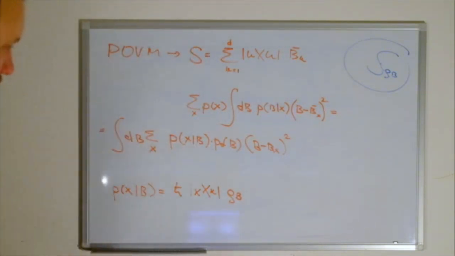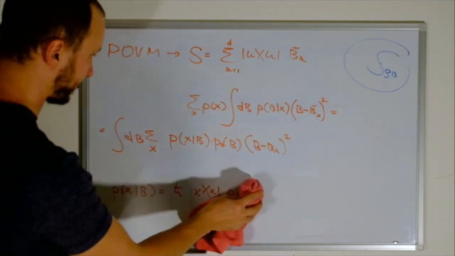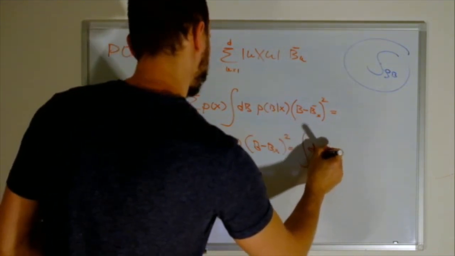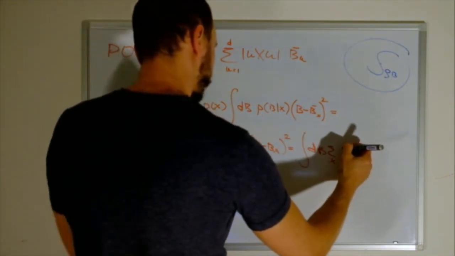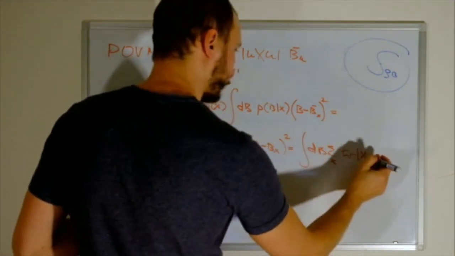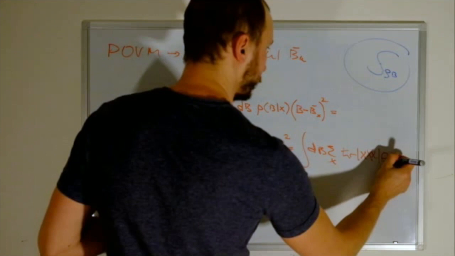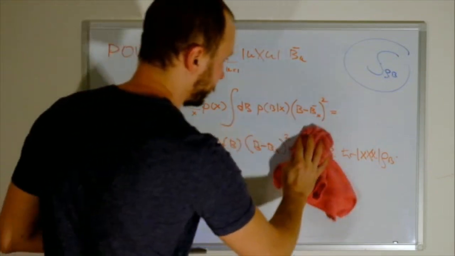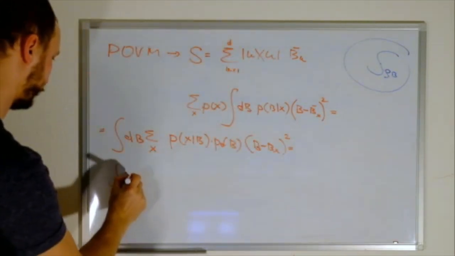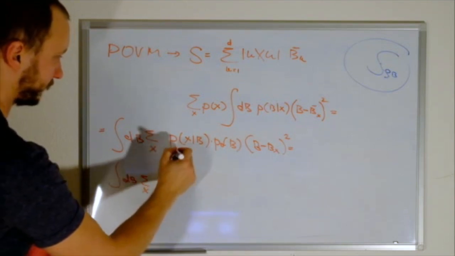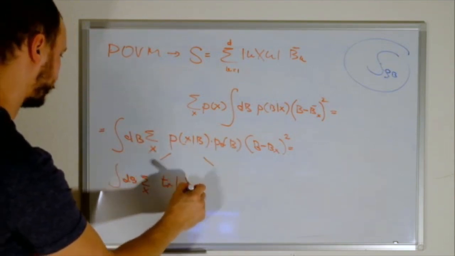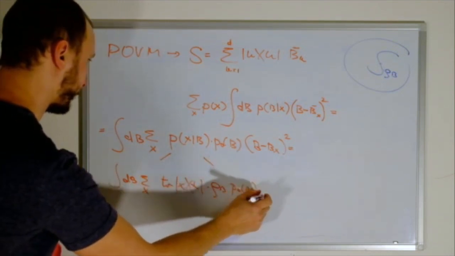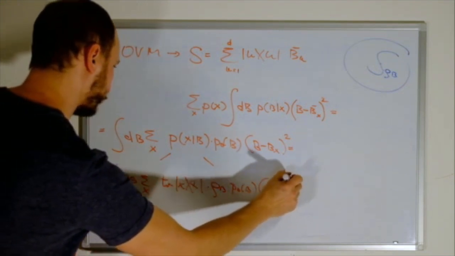Okay, so let's plug it back here. So this thing is just the integral of the sum over x of the trace of the projector on x times rho b, and this guy here, I just expressed this before, times p0 of b and b minus bx squared.